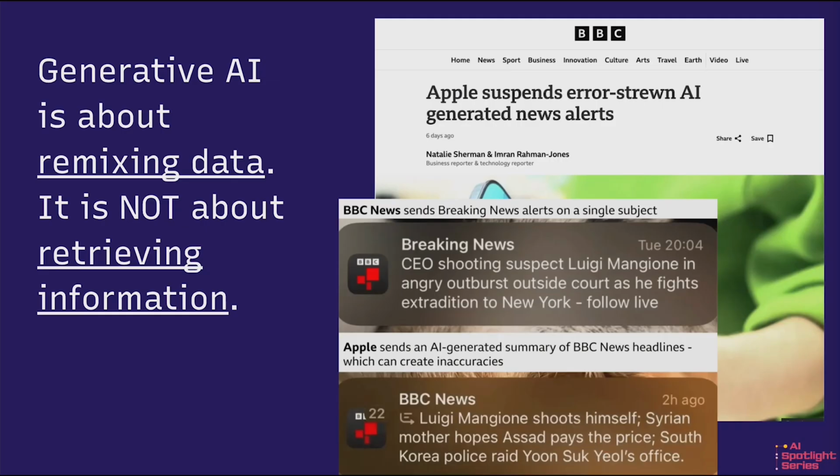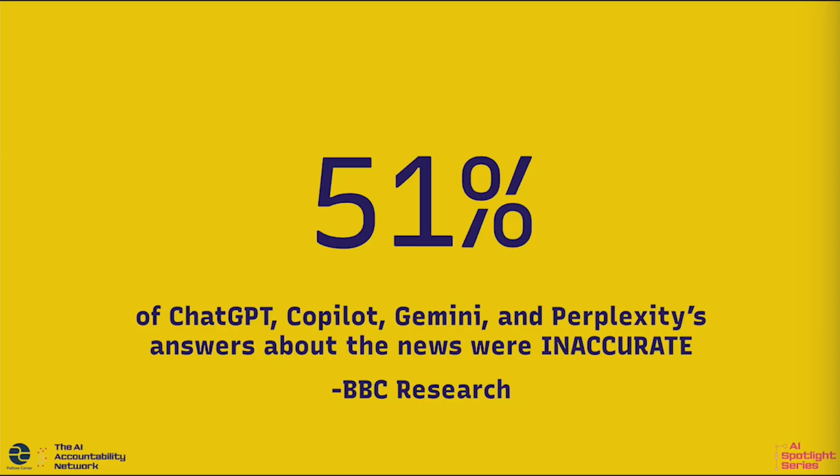Ultimately, the way that they designed the feature also made it look like this particular headline was actually written by the BBC rather than being re-summarized by its feature called Apple Intelligence, and it led Apple to completely pull the feature. So when we think about generative AI in the context of journalism, this is, of course, also a cautionary tale.